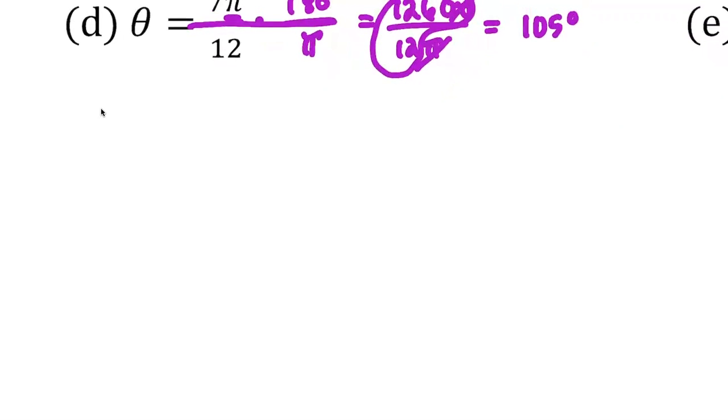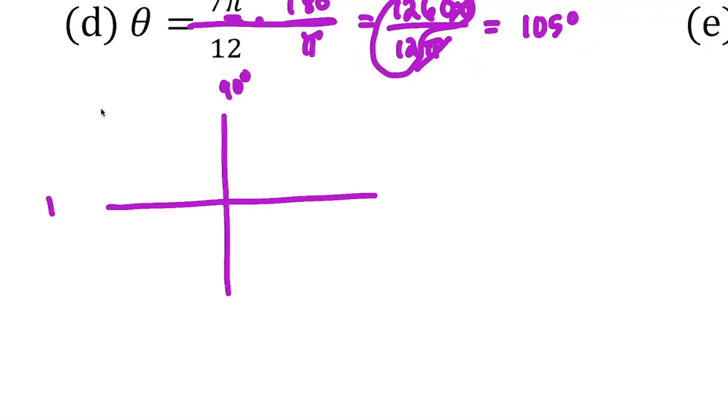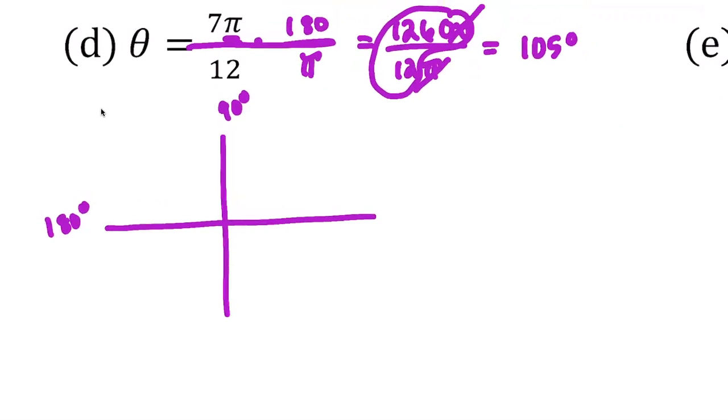Now, to find that angle on my grid, I'm definitely more than 90 degrees, but less than 180 degrees. So I know I'm somewhere in here. 105 is probably a little bit closer upward towards the 90. But the key is that this is not our reference angle, because that's not the angle made directly down to the x-axis.